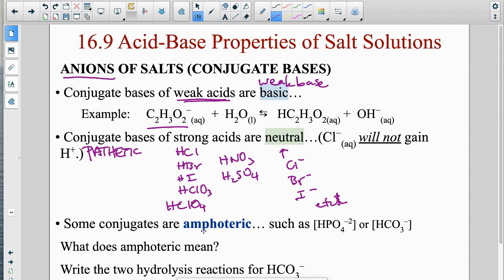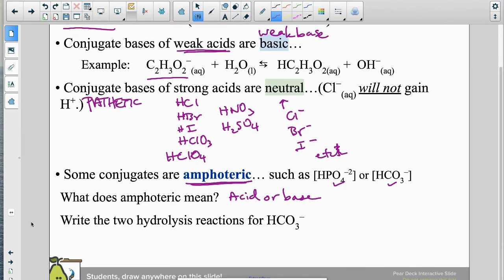Some conjugates are amphoteric. Okay, here are two amphoteric ions. What does amphoteric mean? It means it can act as an acid or a base. And so we could write two hydrolysis reactions for HCO3 minus. We could have it act as an acid where it gives up a proton to water, forming hydronium plus CO3 2 minus.